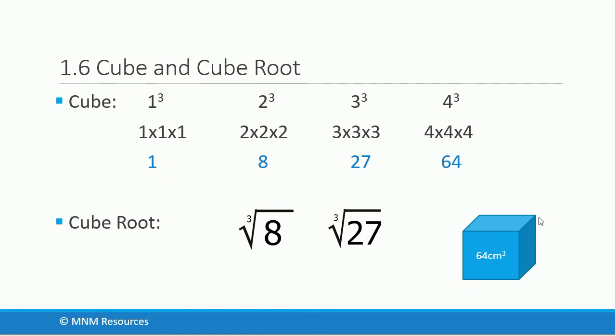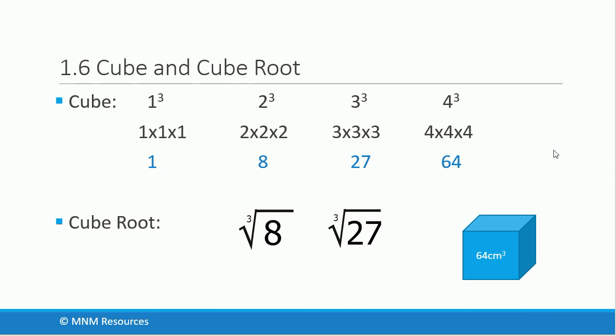The other way they can use a cube shape and ask you to calculate the cube root is by telling you that the area of a cube is, for example, 64 cubic centimeters. So, what is the length of one side of a cube? So you can say the length of the side of the cube is x. We know that to calculate the area of a cube, you need to multiply x by x by x.